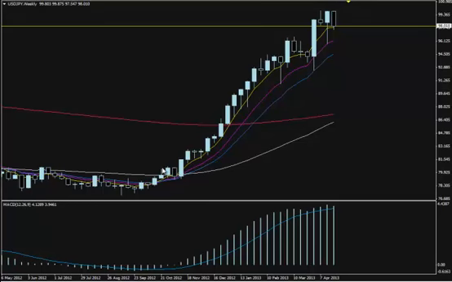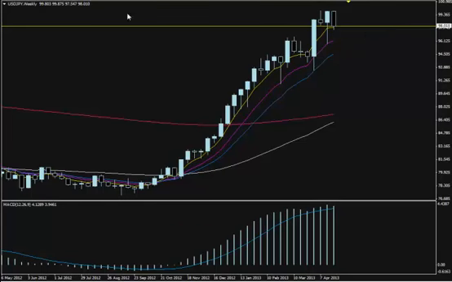So we could have entered here. The signal line of MACD was running upwards inside the histogram for all this time, and although it had corrections, the main trend is bullish.